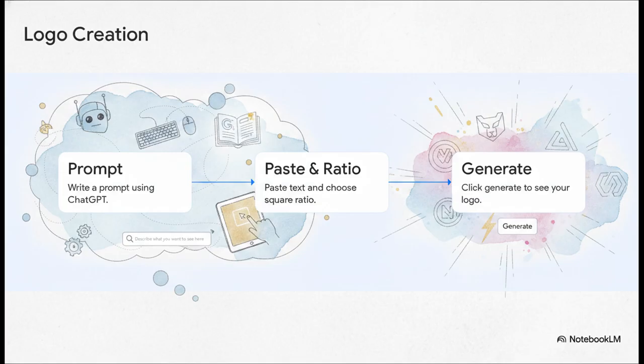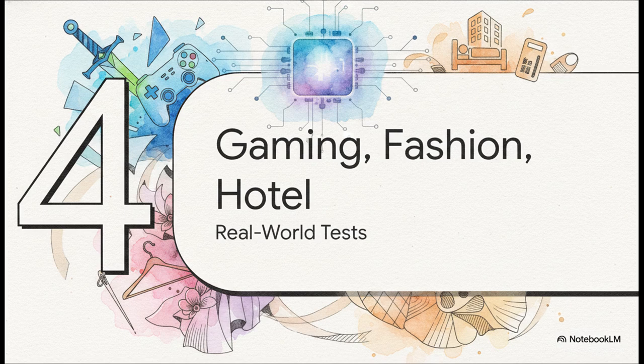Step 2, you paste that prompt right into Ideogram and select the square ratio. And step 3, you click Generate. That is the whole shebang. You're just demystifying the tech by telling it what you want in plain text and letting the AI do all the heavy lifting. Let's see how this builds in Section 4, Gaming, Fashion, and Hotel Logos.